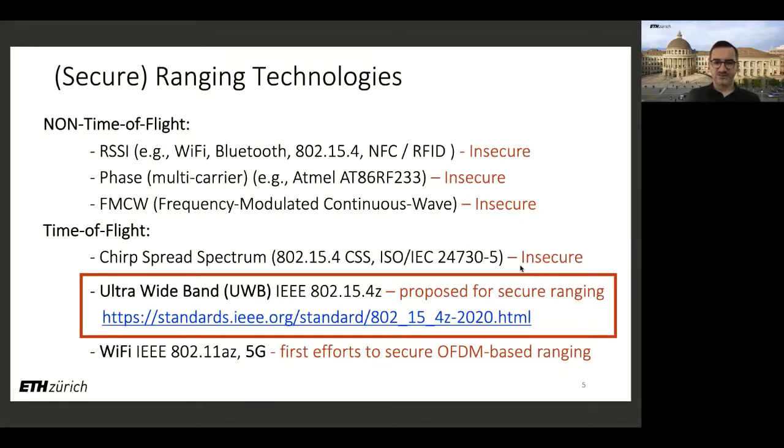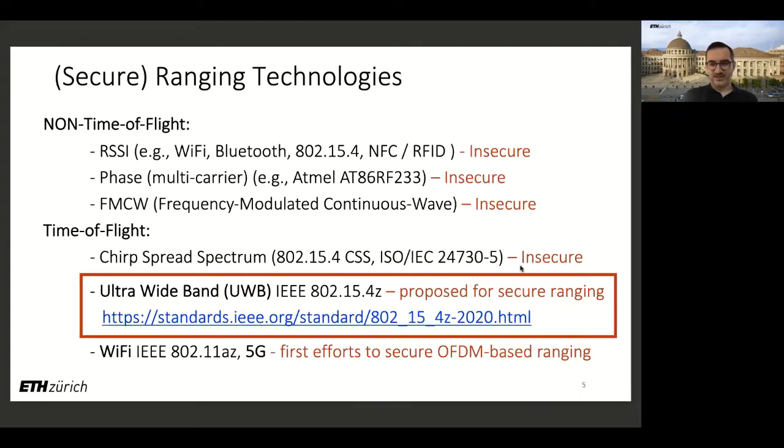And what emerged is that ultra-wideband, due to the very narrow, very short pulses that it uses to modulate the data, emerged as a good physical layer basis for secure ranging. On top of it, it provides a high level of precision compared to some other technologies like received signal strength.